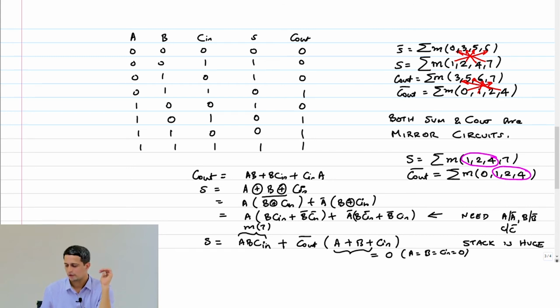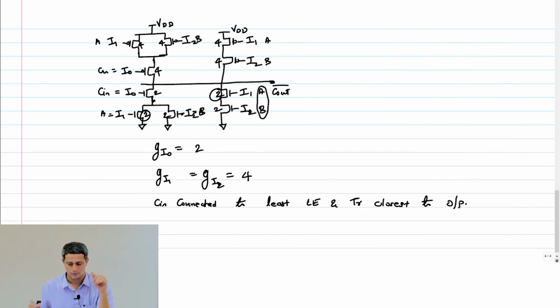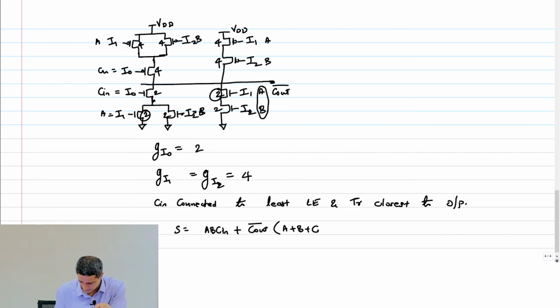Correct? So now I can express my sum as A, B, C in plus C out bar into A plus B plus C in.